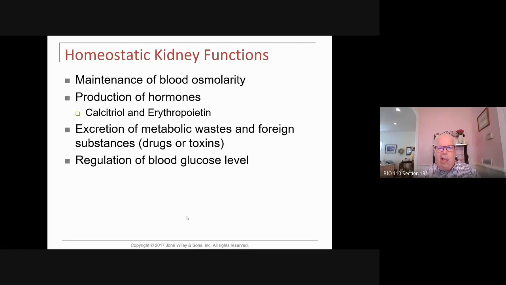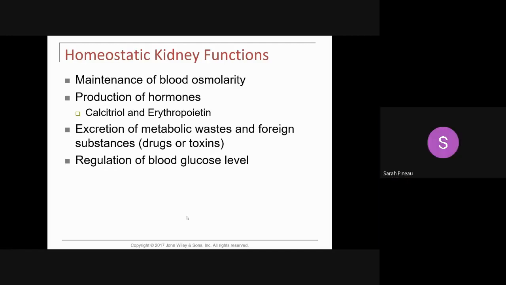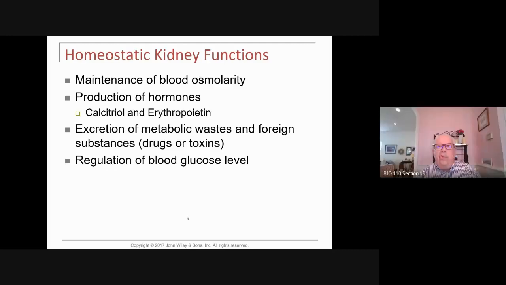Sarah. Is it the ACE inhibitor? No, that ACE, the enzyme ACE, is in the lungs. But the kidney, what starts that whole system? What starts that whole system?